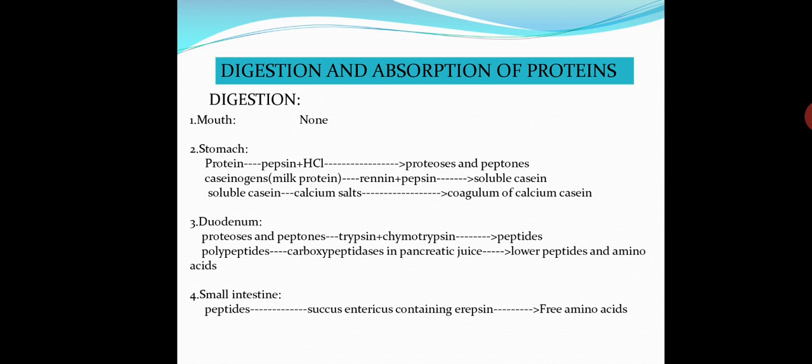In small intestine, protein digestion occurs in three places: in the intestinal lumen, the wall or brush border of the intestine, and the cytoplasm of the mucosal cells. This occurs as some peptides are actively transported into the intestinal cells and hydrolyzed by intracellular peptidases.